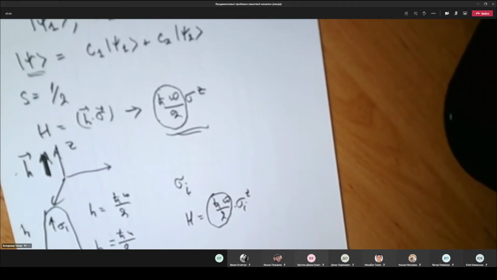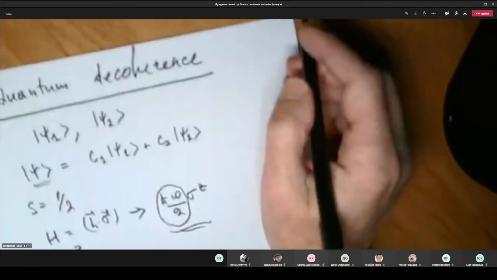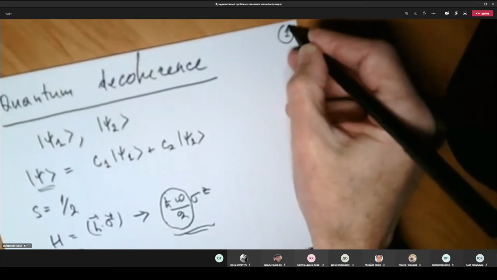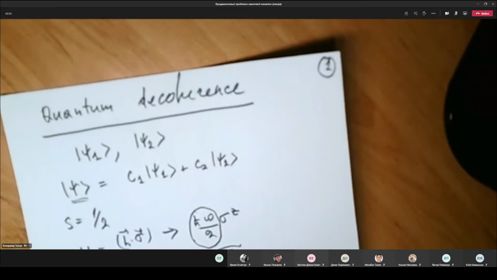So then we have a pure state, and let us consider the evolution of this pure state. We can easily calculate the evolution of a pure state, and let us do this.